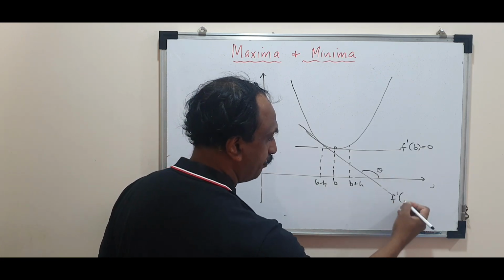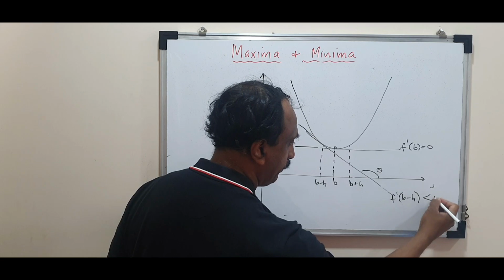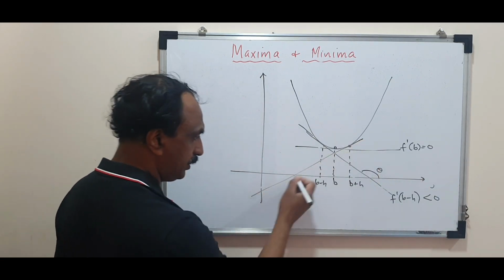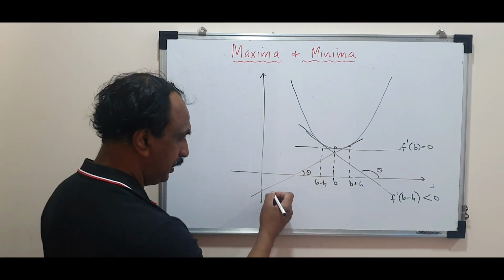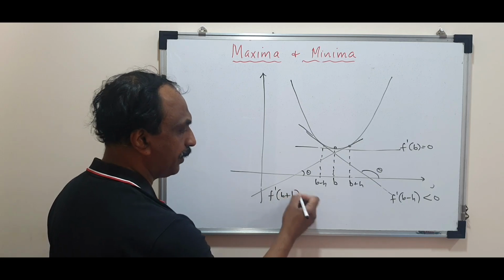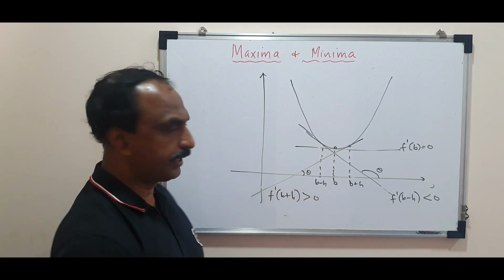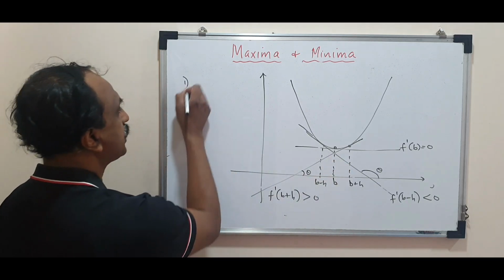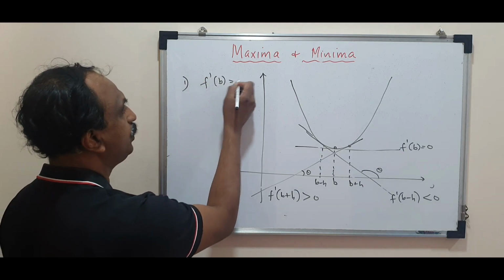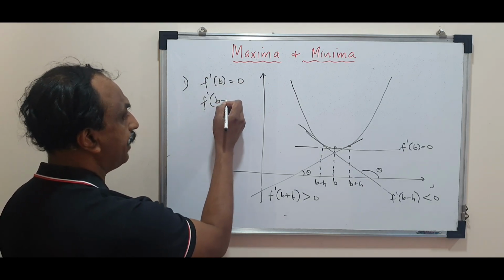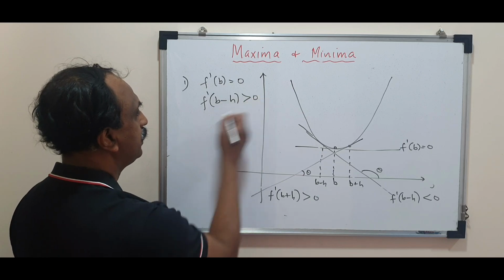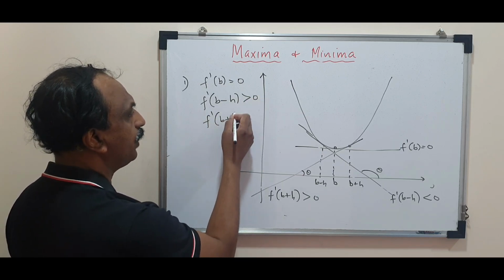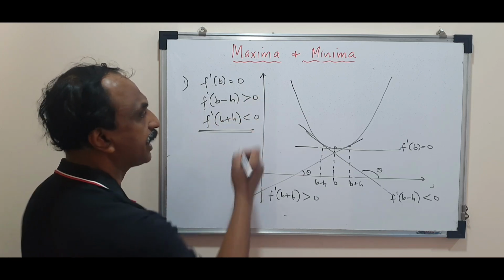Therefore f dash of B minus h will be negative. If you take a point here and draw the tangent, it's an acute angle. So f dash of B plus h will be positive. So at a minimum point, what are the conditions satisfied? f dash of B is 0, f dash of B minus h will be negative, f dash of B plus h will be positive. This is the second method.